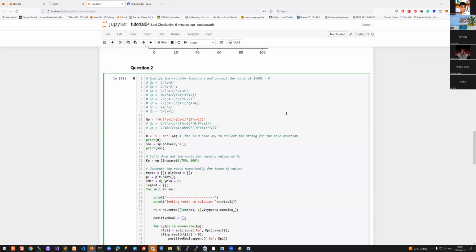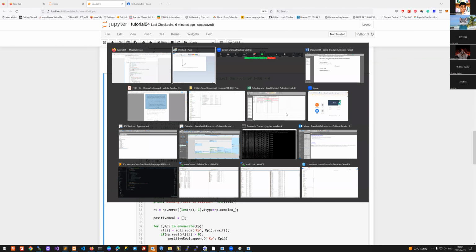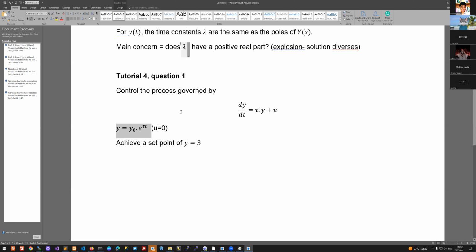Okay, but now let's go to our professional way of doing this. And like we said last time, we can figure out the point of instability by examining our time constants.